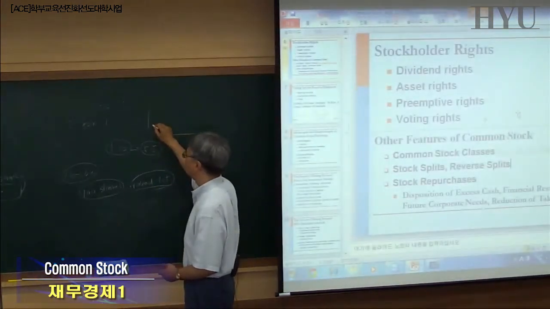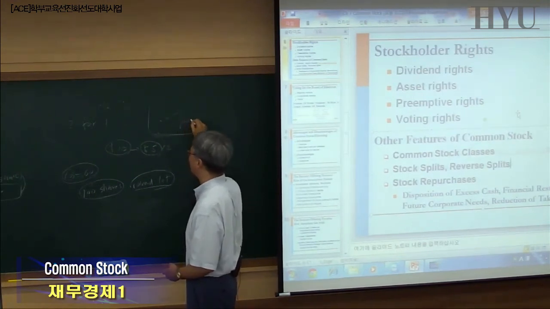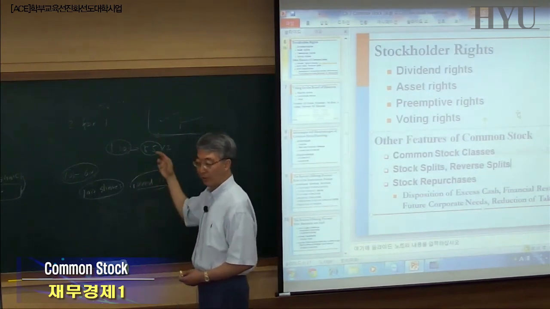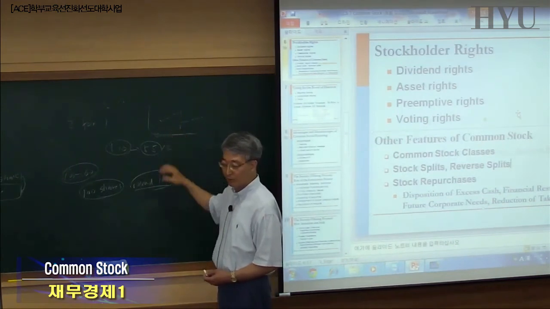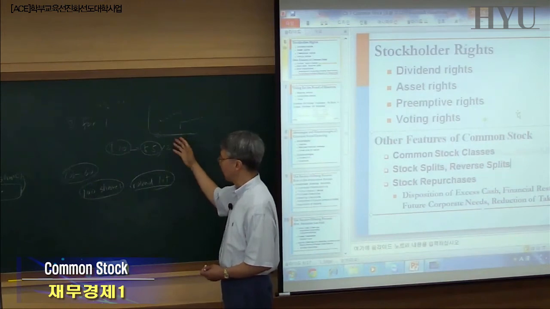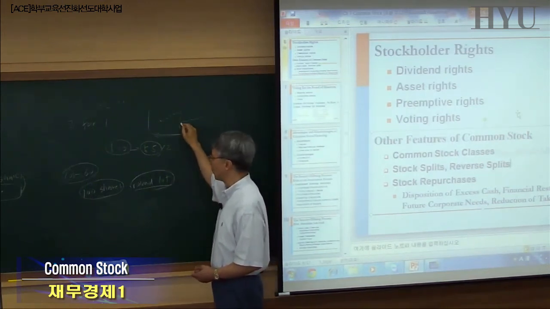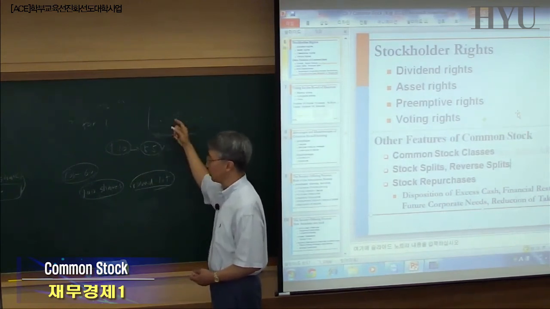Does that mean if you look at the historical stock price chart, it goes like this and suddenly it drops? Do you understand what I'm asking? Will you see this kind of chart? Not really. Okay? As soon as the stock split is completed, this chart will be adjusted, so all the old prices will be adjusted to the new price.